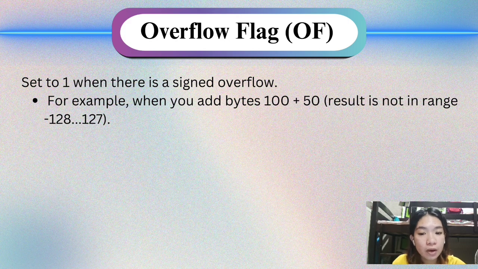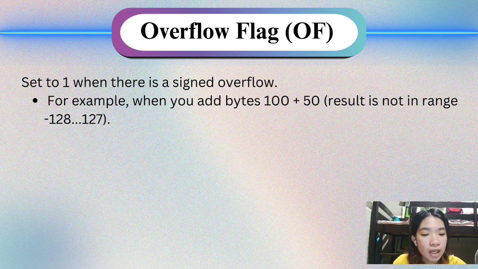So next is the overflow flag, set to 1 when there is a signed overflow. For example, when you add bytes 100 plus 50, the result is not in range. There are two types of overflow, signed and unsigned. The overflow flag is set when an arithmetic operation produces a result that is too large or too small to be represented in the given number of bits for a signed number.